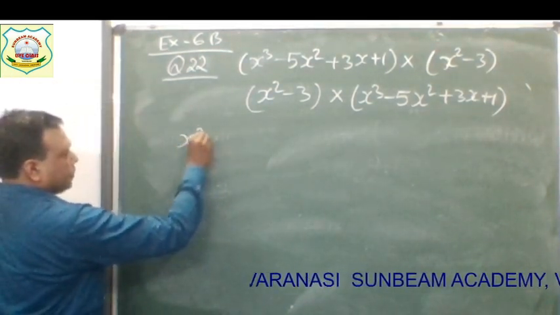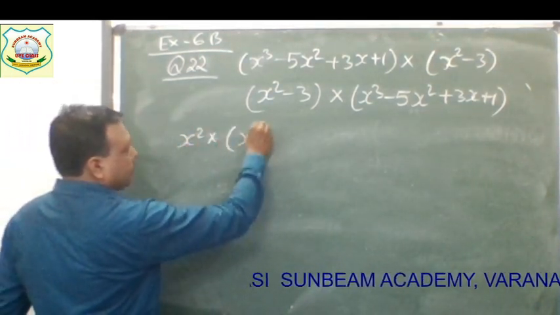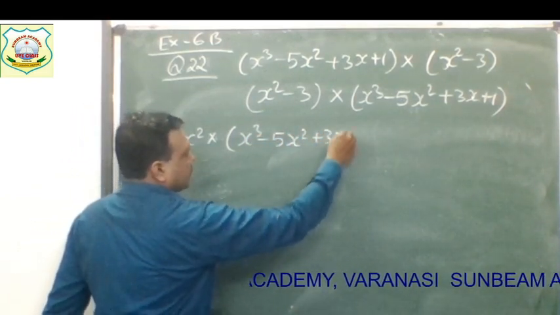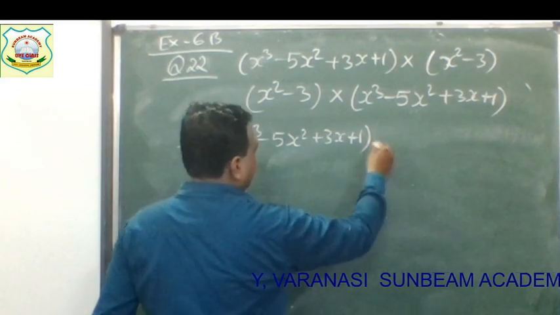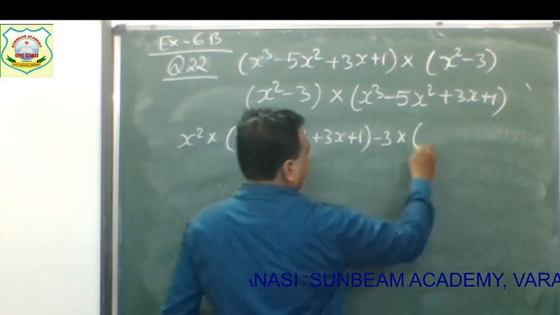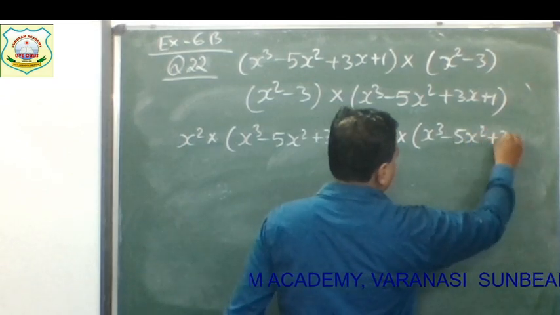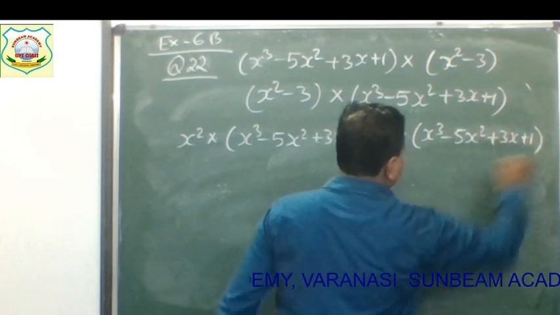x square multiply x cube minus 5x square plus 3x plus 1. Then minus 3 multiply x cube minus 5x square plus 3x plus 1.